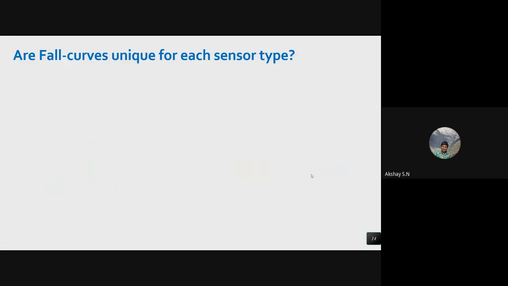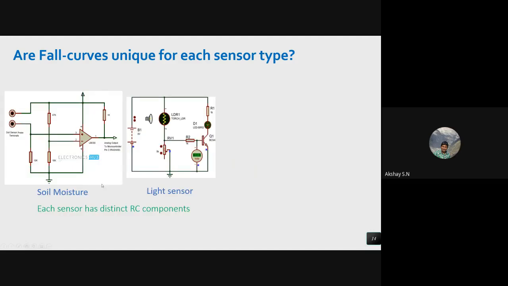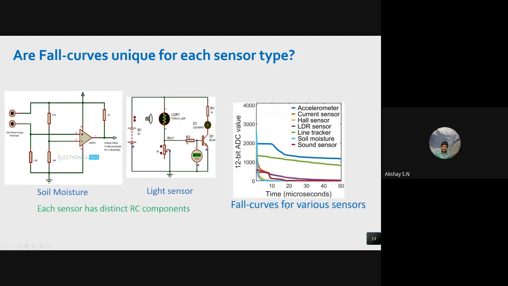The first property is that the fall curve is unique for each sensor. Here are some circuits of a soil moisture sensor and a light sensor. As you can see, each sensor has distinct resistive and capacitive components, because of which each sensor has its own unique curve. For example, here is the fall curve for various sensors: accelerometer, current, LDR, line, soil, sound.